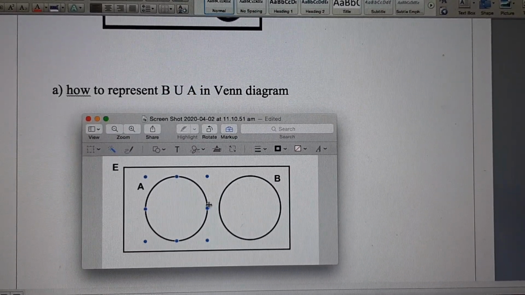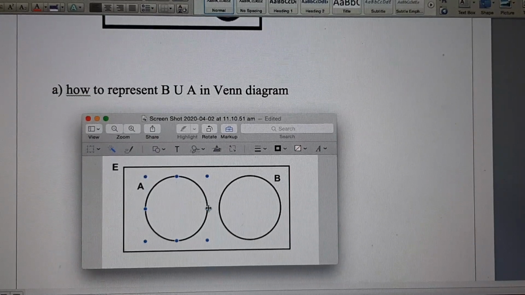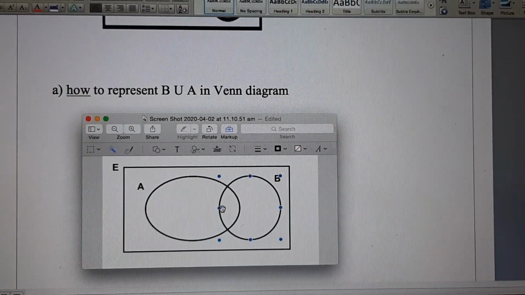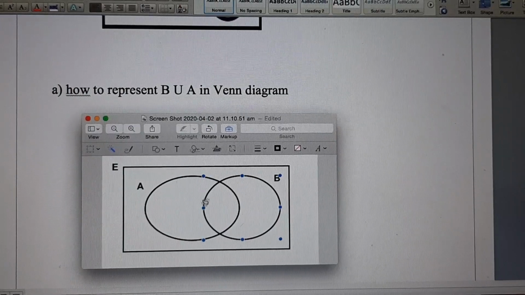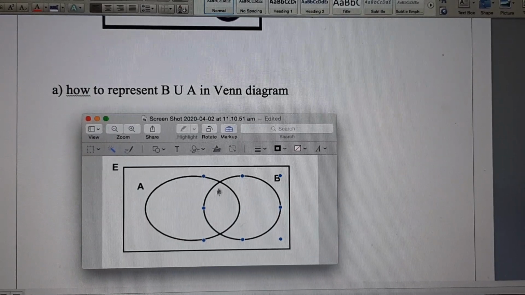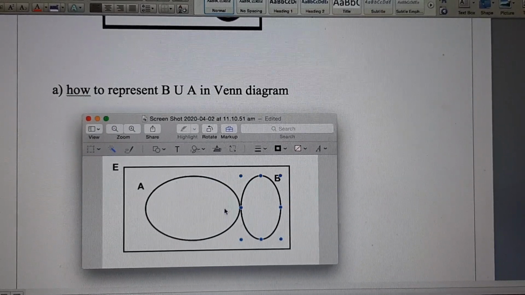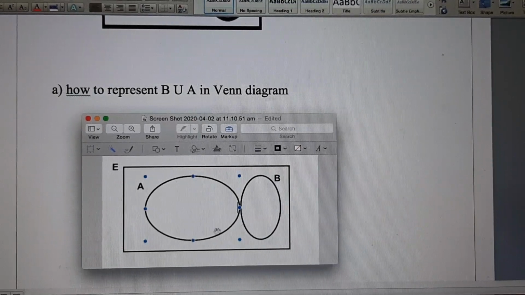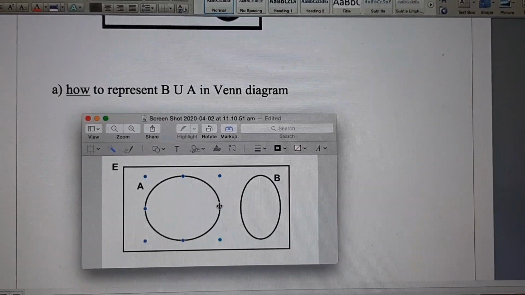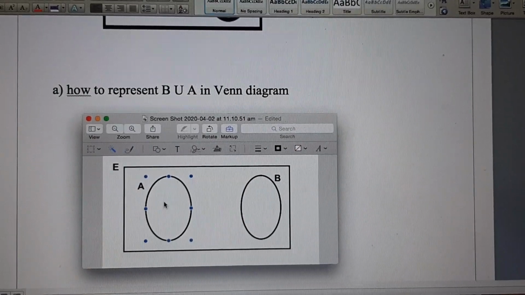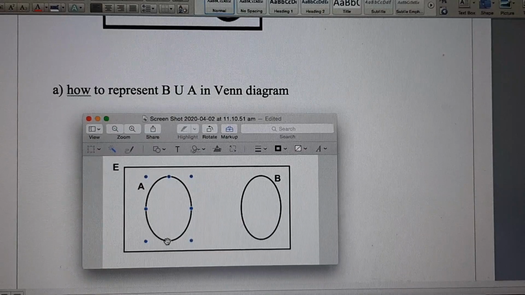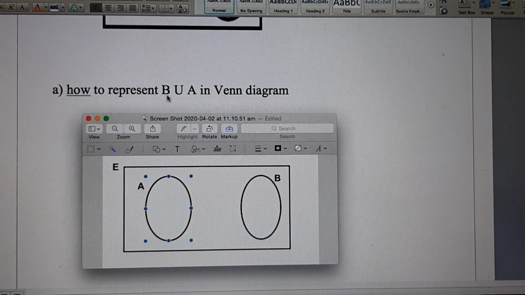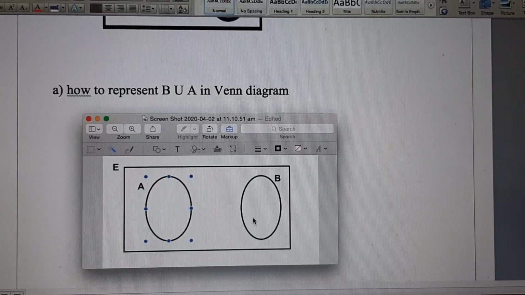The previous example was when the set A and the set B were overlapping. This part is the overlapping part. Now consider the case when the circles A and B, which represent two subsets, are not overlapping; they are separate. When you have to shade B union A, the case will be the same.